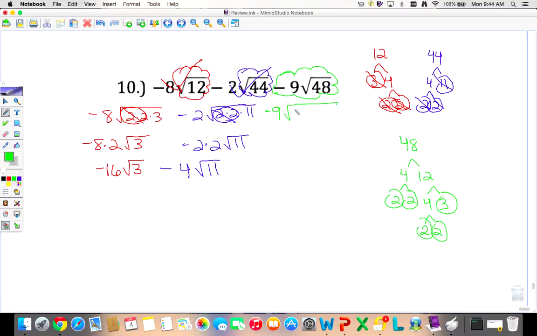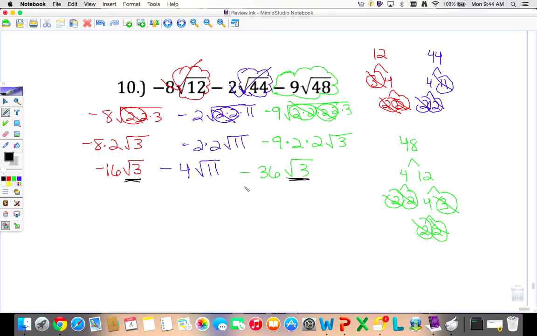So I have 2, 2, 2, 2, and a 3. Pull out your pairs: a pair of 2's, write down, cross it off; another pair of 2's, write down, cross it off. Square root of 3. Negative 9 times 2 will give me negative 36, and I have a square root of 3 left over.